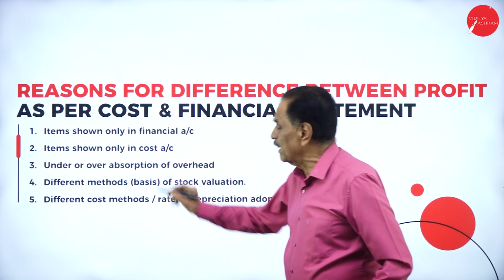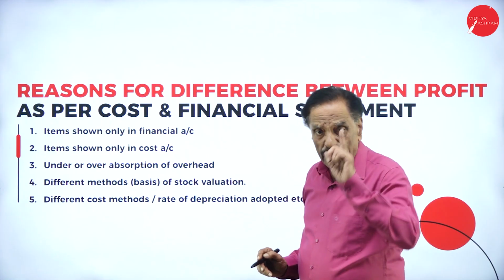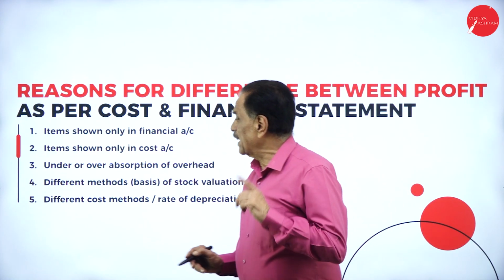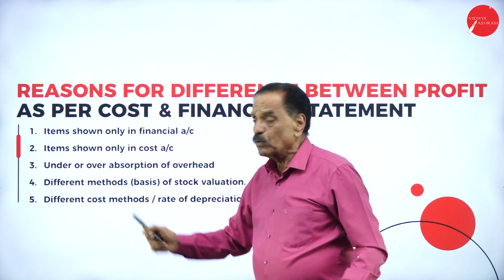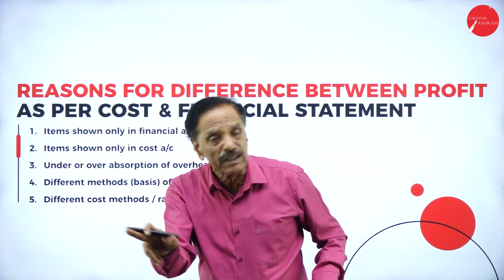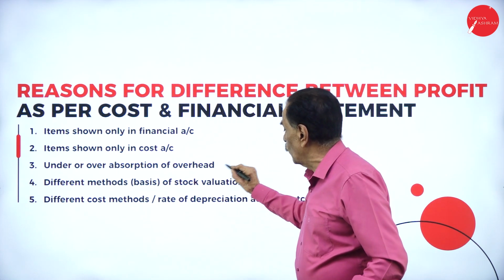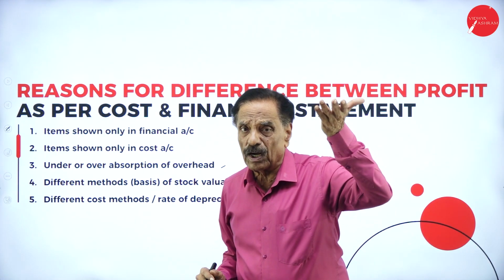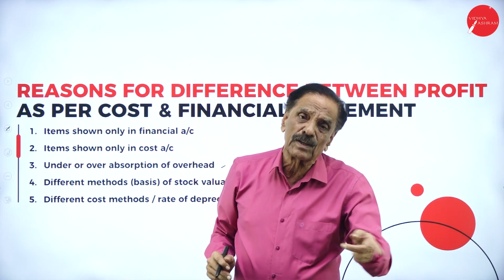The reasons are: items shown only in the financial account, and items shown only in the cost account, not in the financial account. When you say items shown only in the financial account, it means not in the cost account. Items shown only in the cost account should not be shown in the financial account. Under or over absorption of overhead means factory expenses will be more charged in the cost account and less in the financial account, or more in the financial account and less in the cost account.